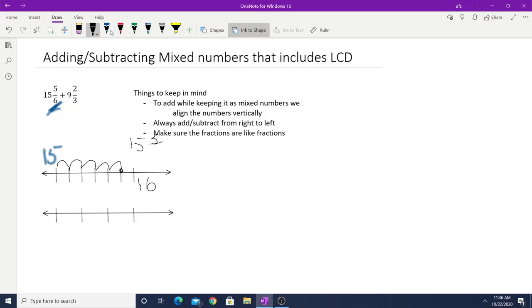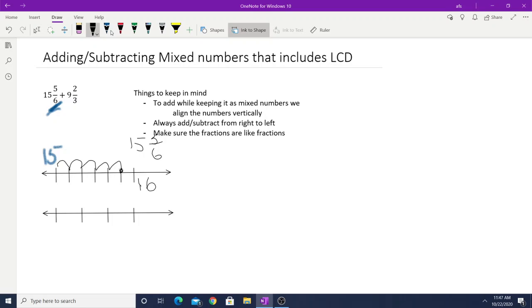So if we're trying to make sense of the numbers, this number is in between 15 and 16, but as you can see from the picture, it's much closer to a 16 than it is to a 15. So when we're estimating our sum to begin with, which is always a good idea to do, we can see that the number we're going to be thinking of is more in terms of 16.